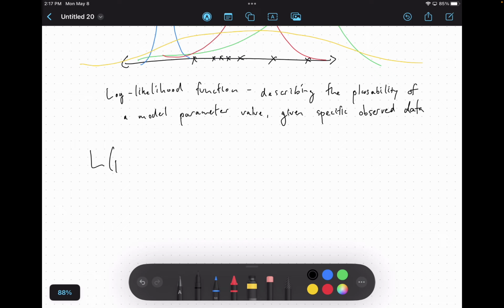Likelihood, which is a function of beta naught and beta, is equal to something like this.